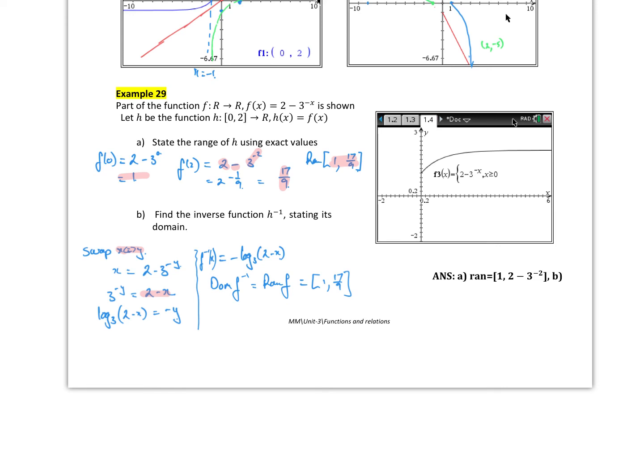That means my inverse function, f inverse of x, will be equal to the negative log base 3 of 2 minus x. State its domain. Well, its domain is just the range of the original, isn't it? And we worked out the range of the original just a couple of minutes ago. So, I hope that's all good.